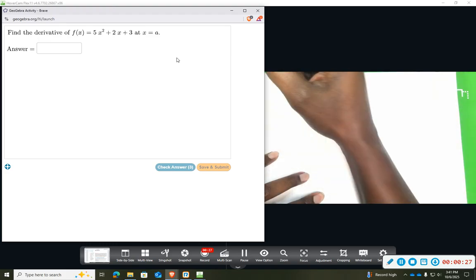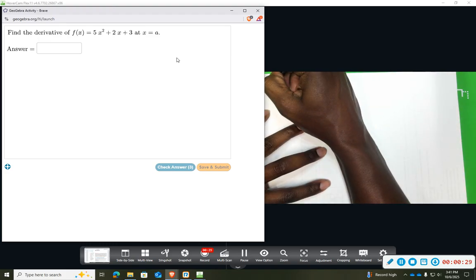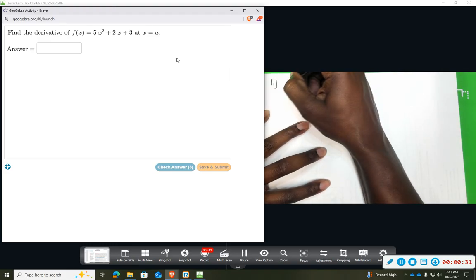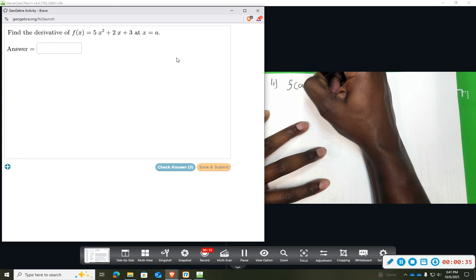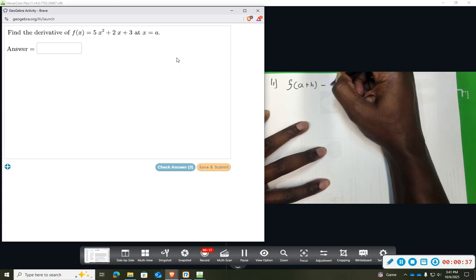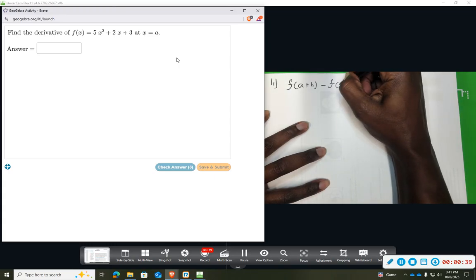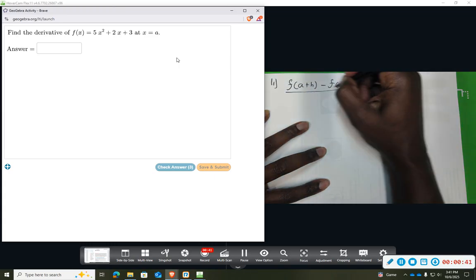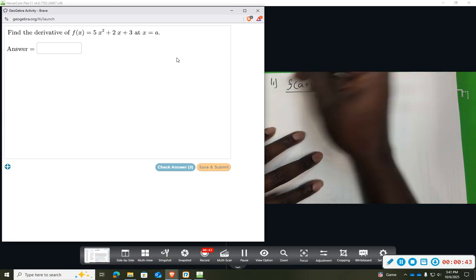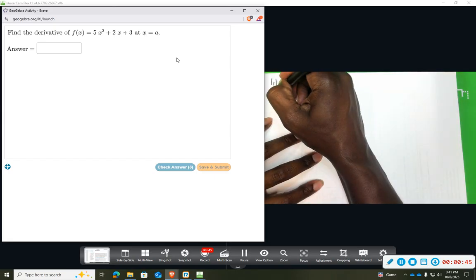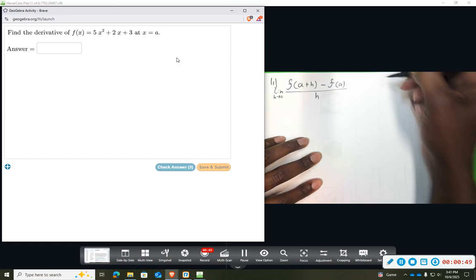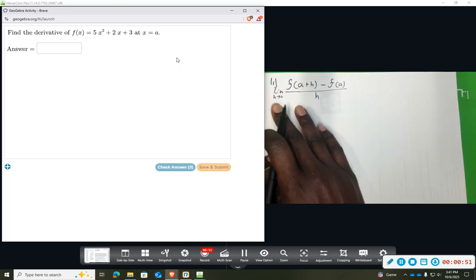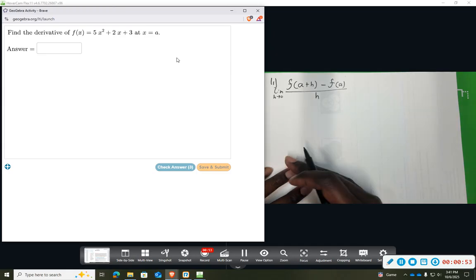It's exactly the same. So that formula is f of a plus h minus f of a all divided by h. Now I'm being lazy with my notation, but I should write limit as h goes to 0. So here's our definition. Alright, so I'm going to use our function.